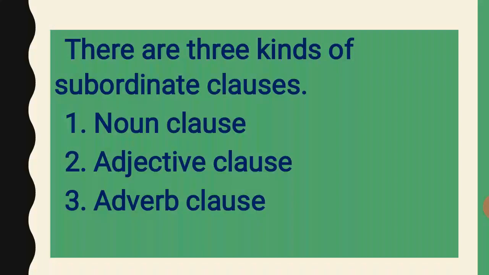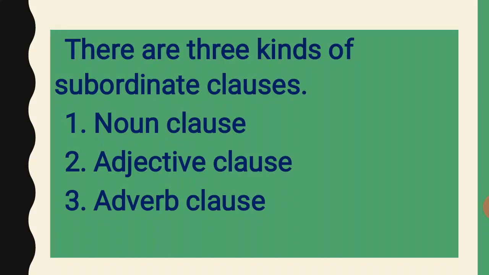Before that, what do you mean by main clause and subordinate clause? A main clause is that clause which expresses a complete meaning in a sentence formation. It alone can stand as a sentence. That is called a main clause. Otherwise it is called an independent clause.